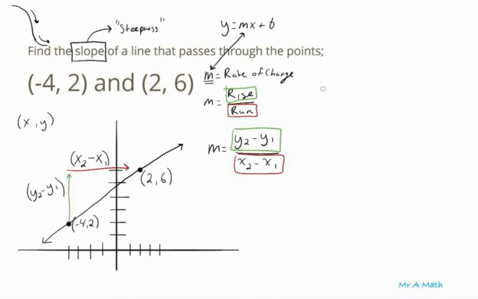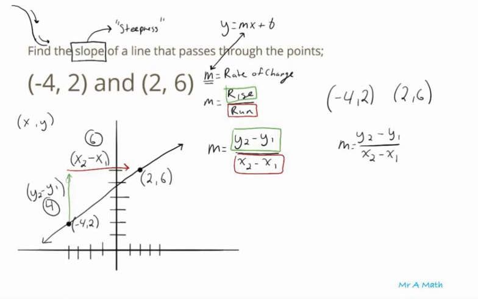So if I write my points over here, -4, 2, and 2, 6, if this formula really works, m equals y2 minus y1 divided by x2 minus x1, the ratio of the rise to the run, then it should tell me what I just counted: it rises 4 as it runs over 6.